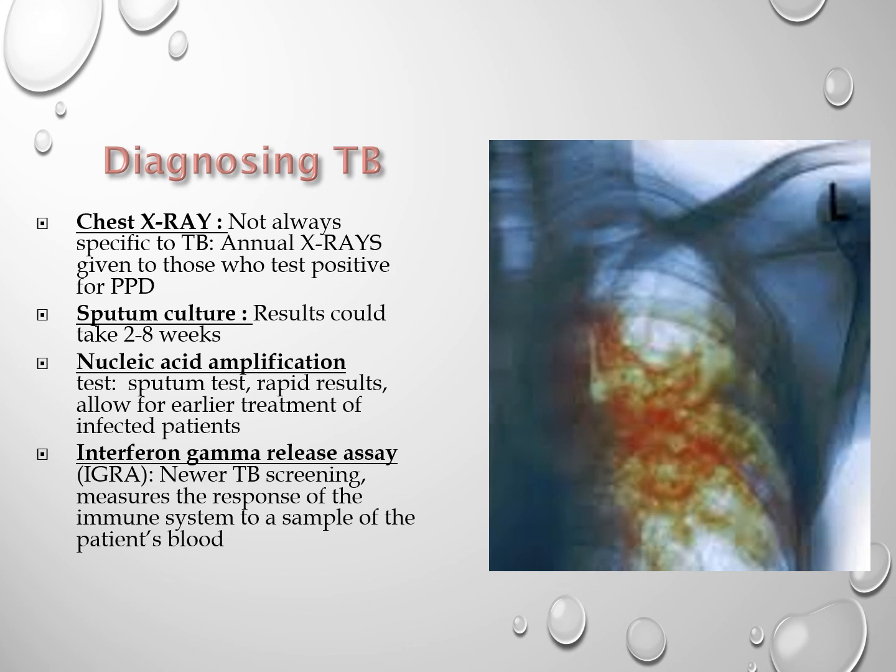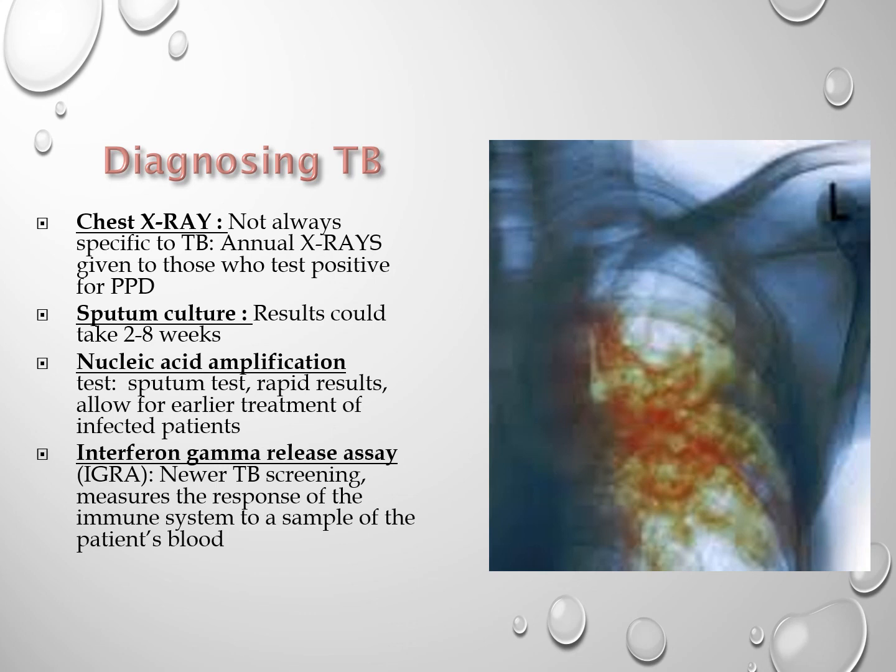So diagnosing tuberculosis can be with a chest x-ray, although it's difficult with a chest x-ray since many other conditions can show changes in the lungs that are similar to tuberculosis. So we would definitely screen someone with annual chest x-rays, depending on what employment they have, if they are already TB skin positive, since it would be useless to have repeated TB skin tests.